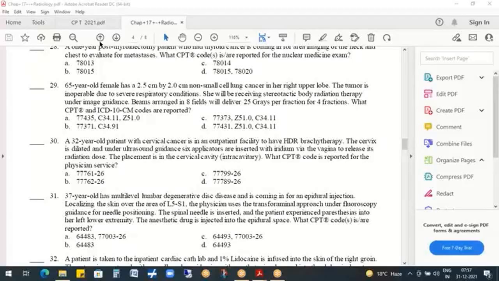Next point. Radiological guidance is again of 3 types.